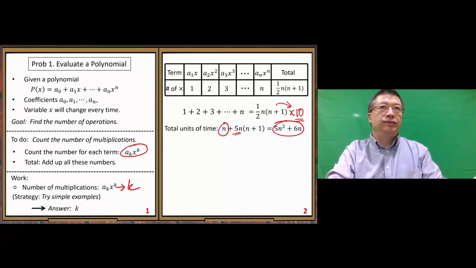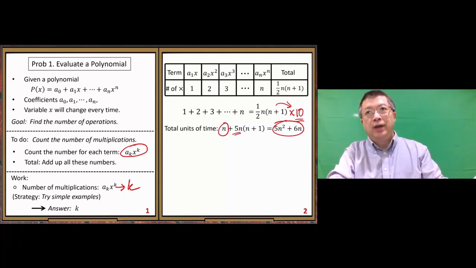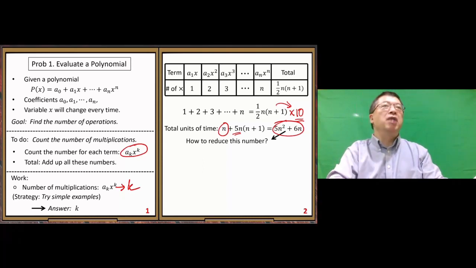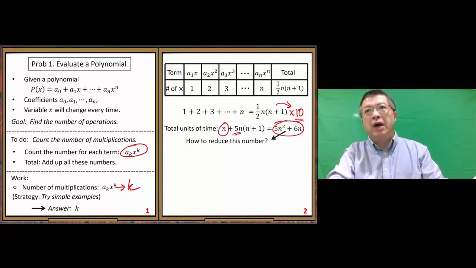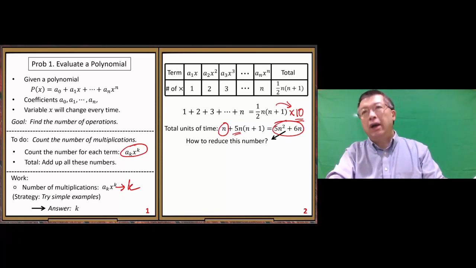What should we do in the next step? Look at this question: how to reduce this number? Is it possible for us to improve our method? That's a very important question for this algorithm class. We always ask ourselves this question when we finish one algorithm.